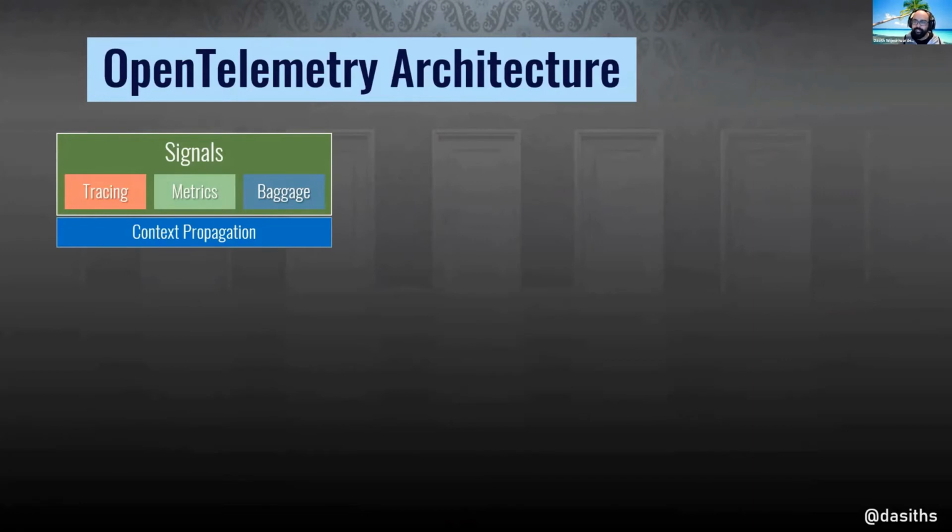These are the telemetry types we want to capture. Context propagation is the mechanism that allows these signals to propagate from one process to another, or even within a process, and have a relationship between one another. It's this context propagation that's a key selling point of OpenTelemetry. It's an open context propagation standard that OpenTelemetry advocates for.